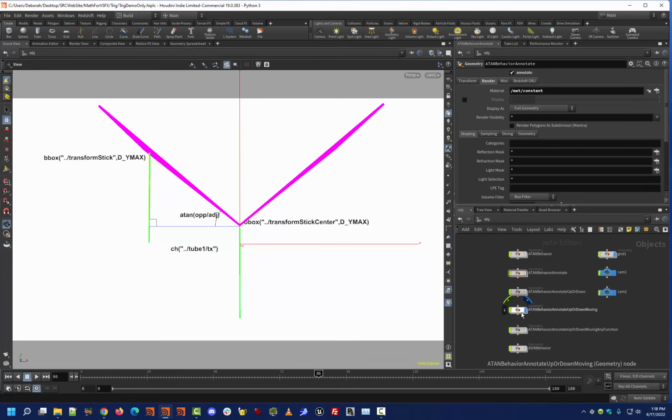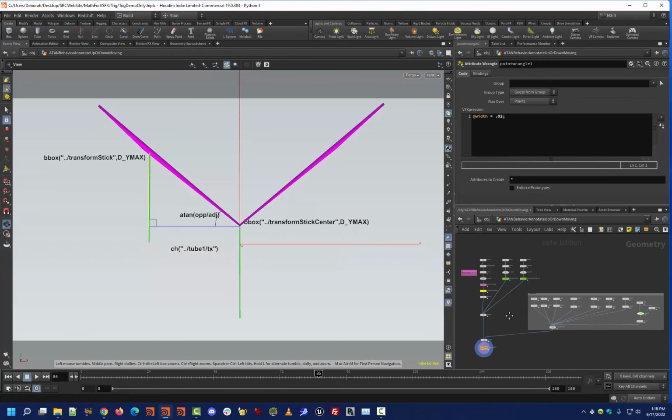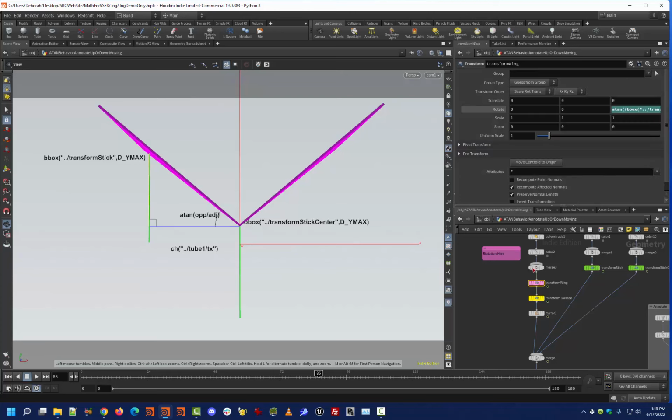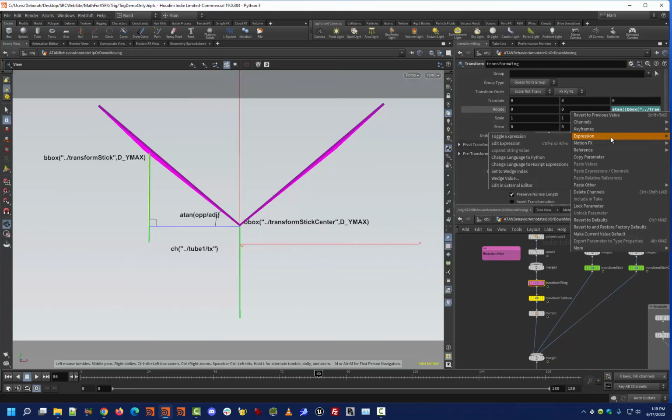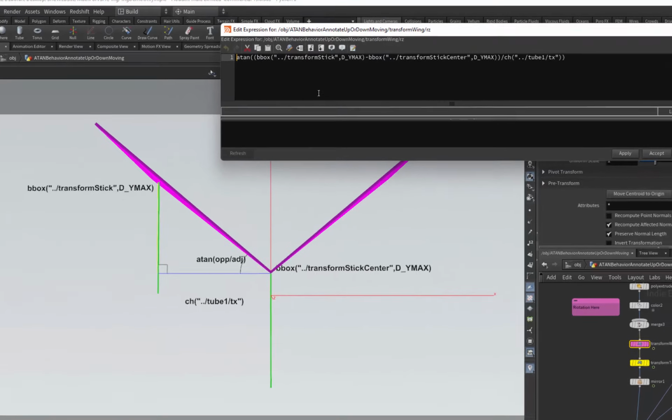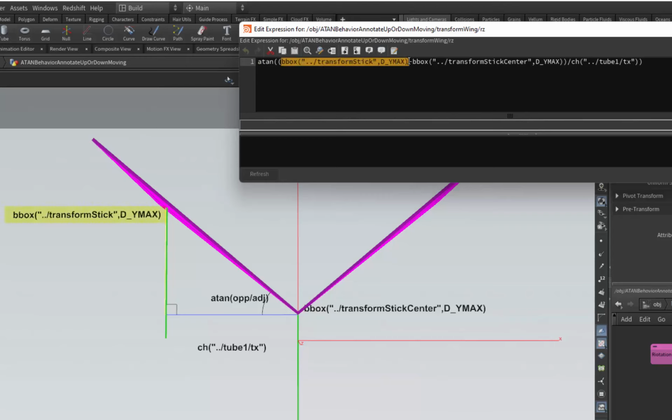So if I look at the expression that I'm using in here, let's just go over there. Take a look. You can see that we're taking the maximum value of the stick, subtracting off the maximum value, or the y max, of the center stick, and then dividing by the x value. And then when we take the arctan, it gives us the angle.